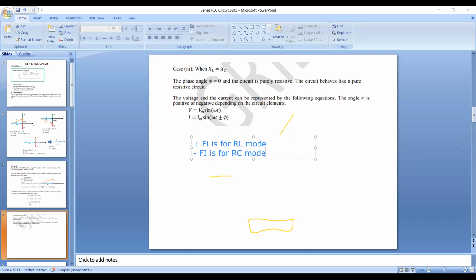In RL mode the voltage leads the current, and in RC mode the current leads the voltage. On that note, the plus and minus signs are chosen while representing the current. So that concludes the working of the series RLC circuit.